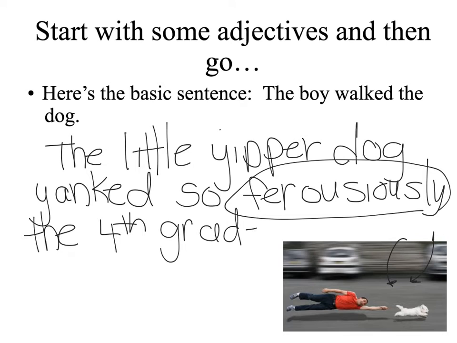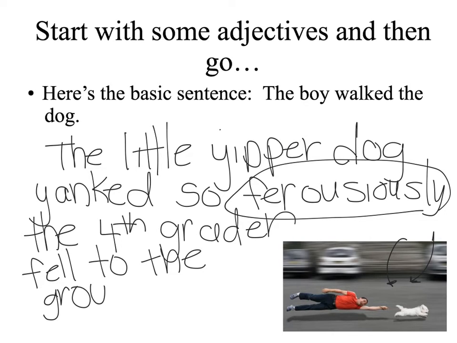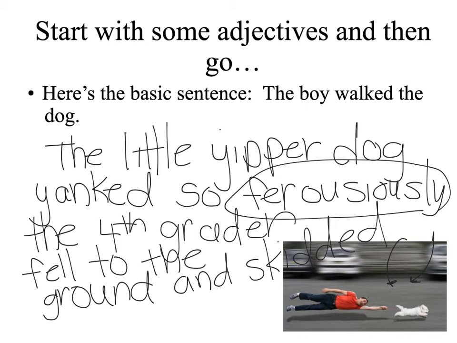The fourth grader fell to the ground and skidded. Oh, I like this one. I've got it. And skidded like a stone on a pond. Ooh, I love it. Like a stone on a pond.